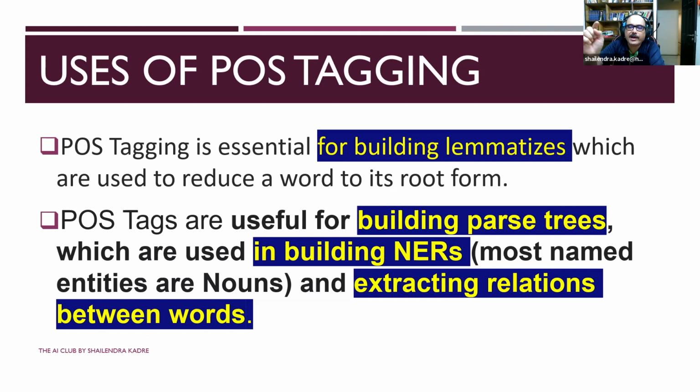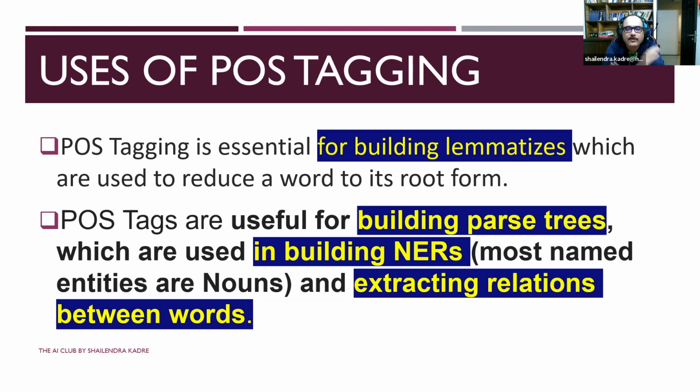If you specify noun, it will give a lemma which is a noun for the same word. We saw some examples also in the last lecture. These lectures will be made available to you in the form of videos. If you have forgotten, you can have one more look at the video, and then you will understand. This was discussed in the last class by Soman. Okay, so building a lemmatizer tool also requires POS tagging.